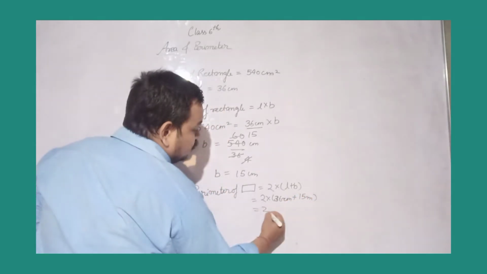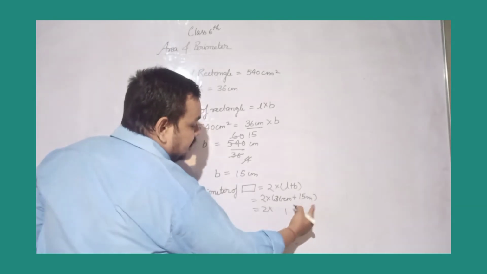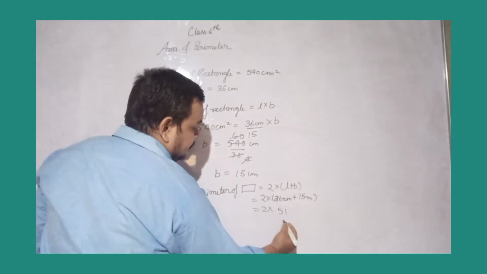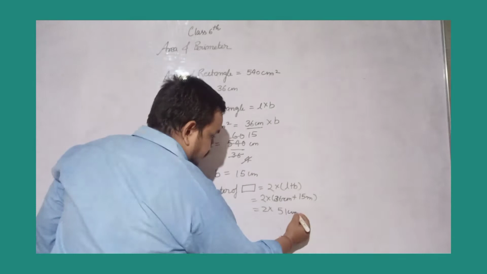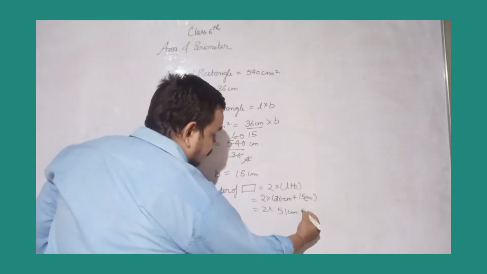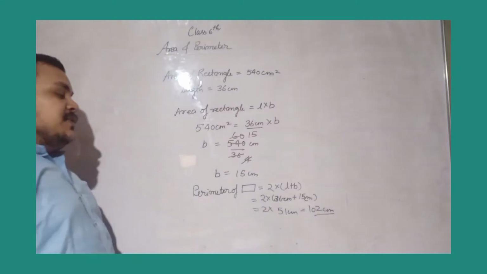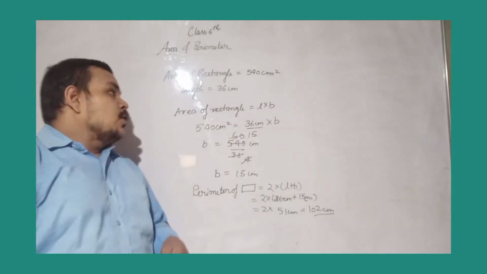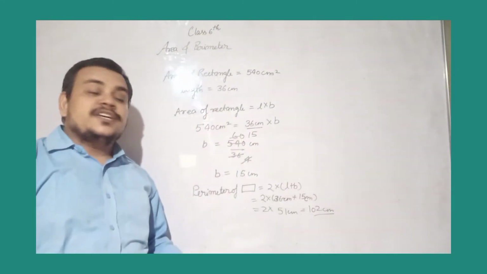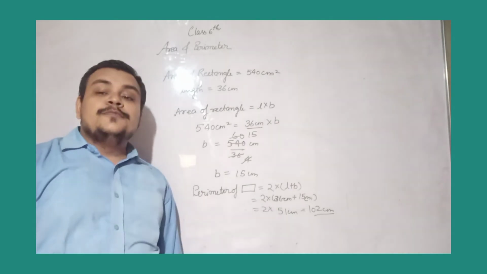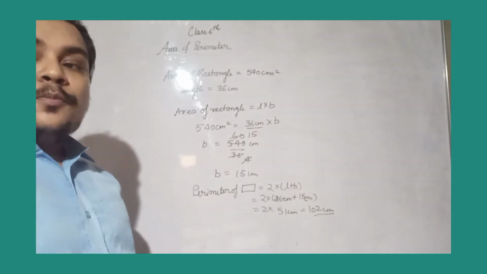So added here, 6 plus 5 is 11, 3 plus 1 plus 1 is 5, so 51 centimeter, multiplying with 2. This is centimeter all over. It became 102 centimeter is the perimeter of this rectangle whose length is 36 and width is 15. You can copy this.